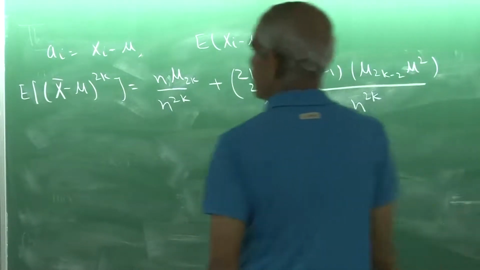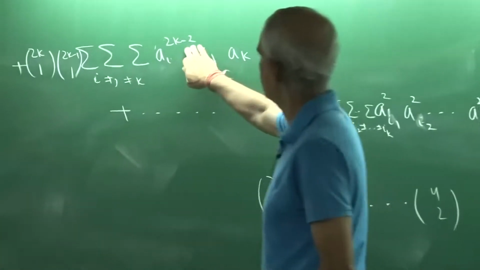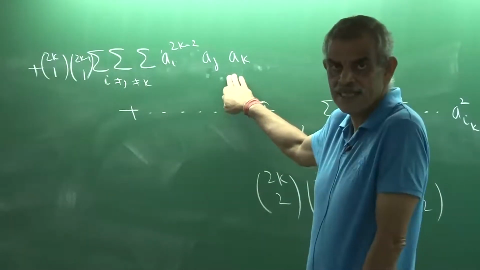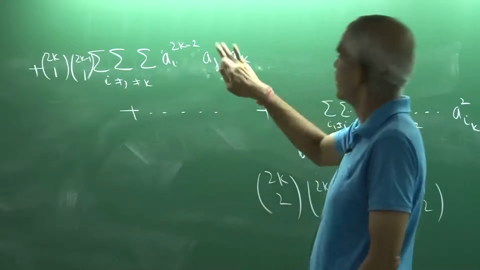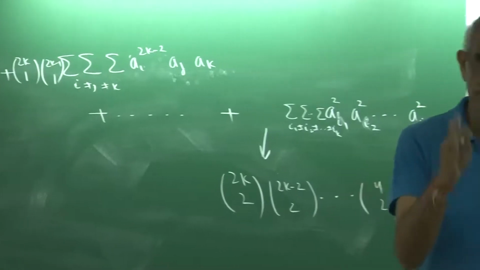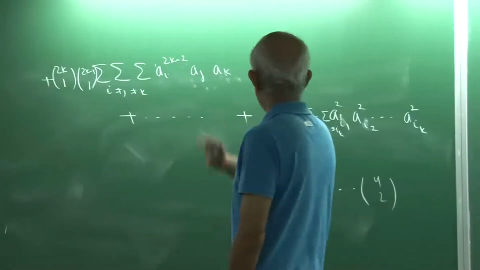All right. Now when I have aj and ak, it would be expected of xi minus mu to power 2k minus 2, because j and k are different and the xi's are IID, that means independent, so it would be expected of xj minus mu into expected value of xk minus mu. So expectation of product would be product of expectation because of independence, so this would also be 0.